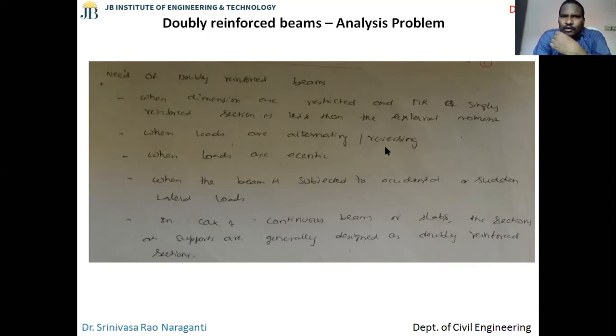Or when loads are alternately reversing: sometimes the beam is subjected to sagging moment, sometimes to hogging moment, because of the load position. Or when the loads are eccentric, not acting exactly at the center but with some eccentricity.